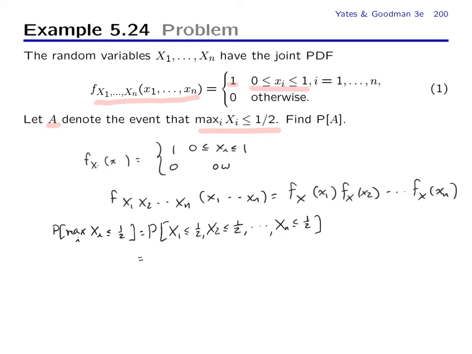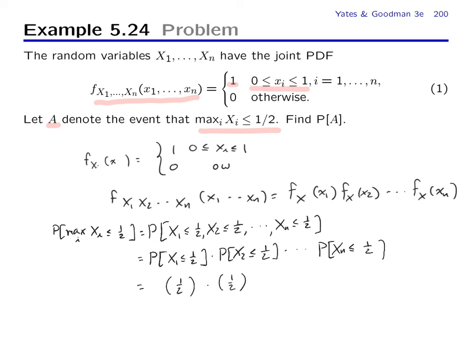And then we use the fact that they are independent to say, well, this is the probability x1 is less than or equal to a half times the probability x2 is less than or equal to a half times all the way up to probability xn is less than or equal to a half. And then we recall that each one of these terms is in fact equal to 1/2 because the random variable x is uniform from 0 to 1. So in fact, we get 1/2 to the power n.